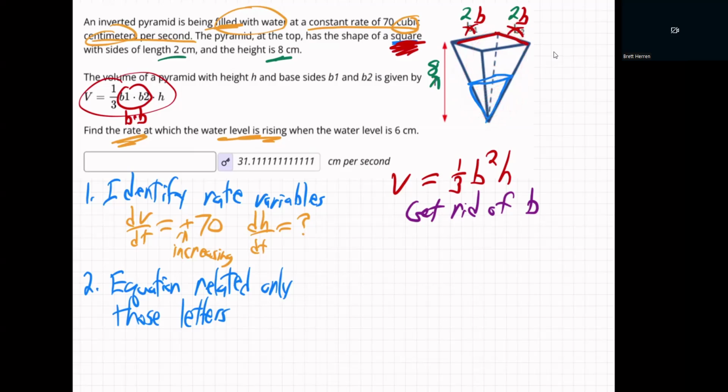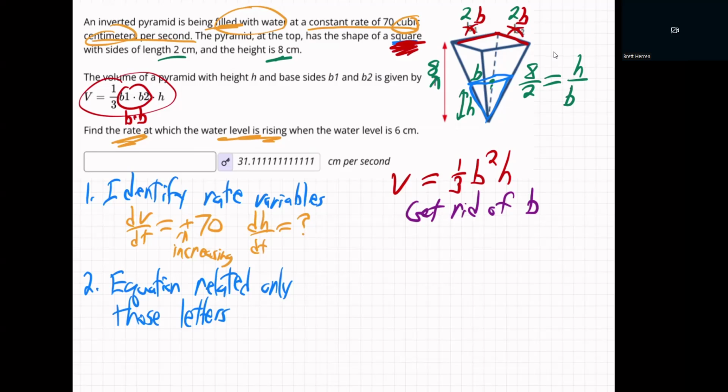We can say that 8 is to 2, which means the height is to one of the sides, as the height of the water, let's call it H right here, is to the, I'll call this B, the base of the water. Does that make sense?